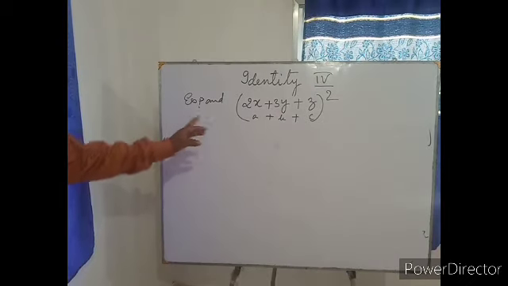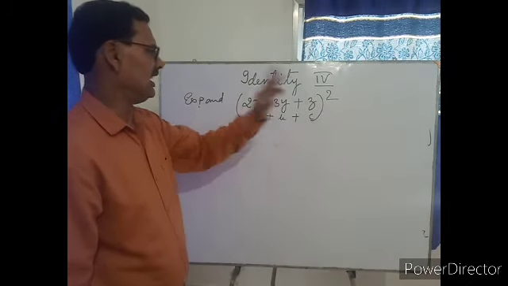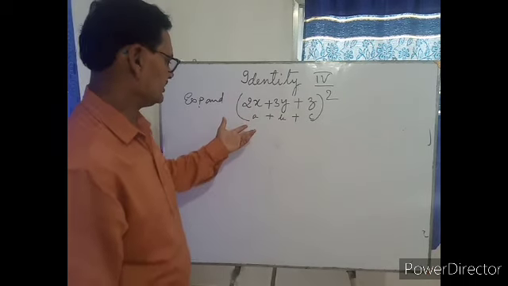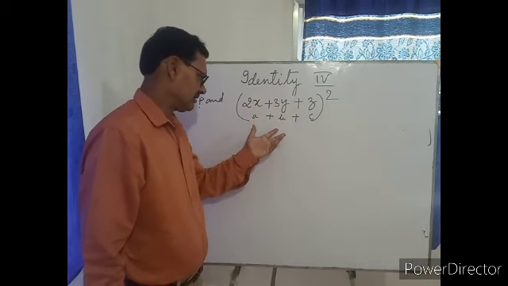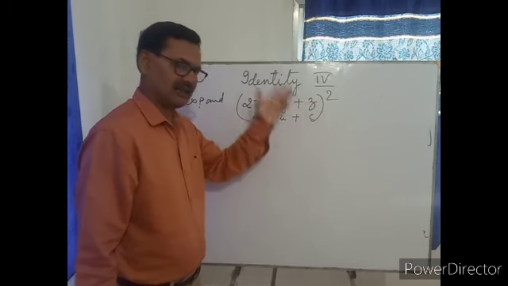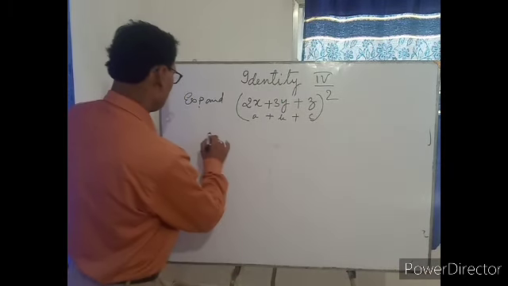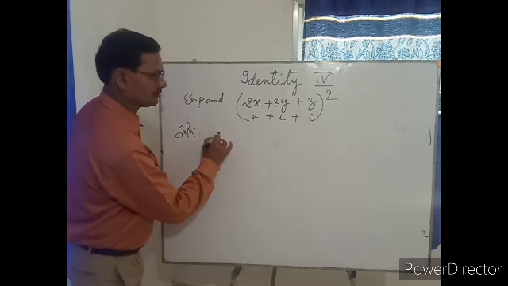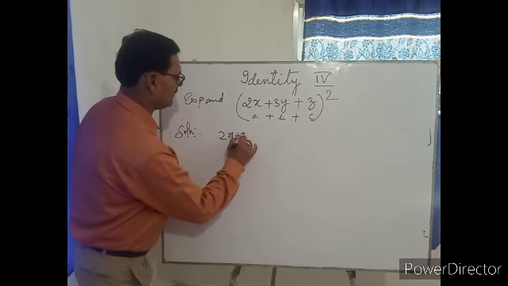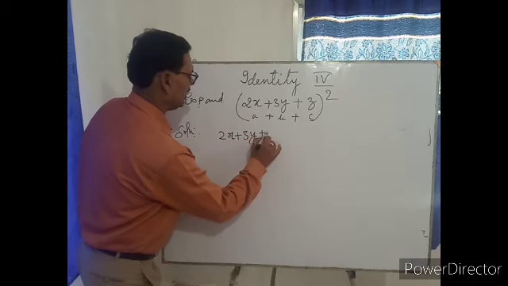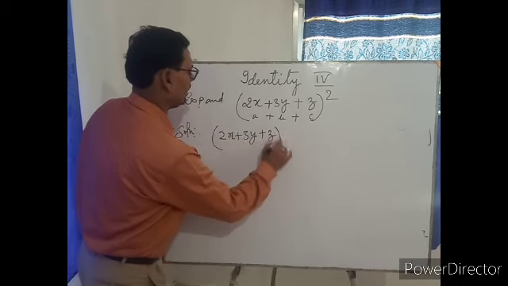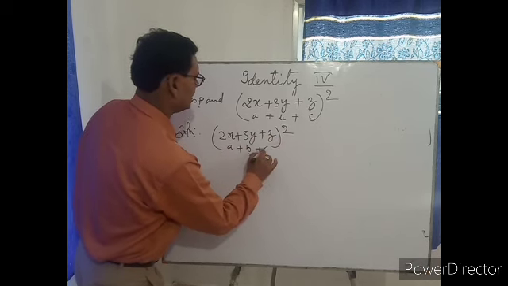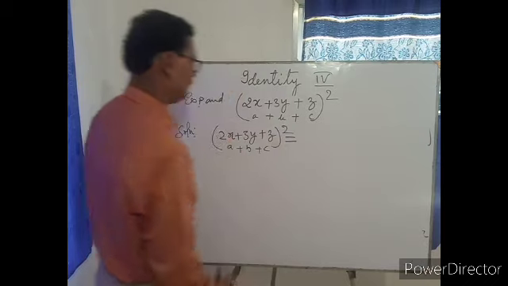Any problem? (2x plus 3y plus z) is equal to A plus B plus C. Here 2x is considered as A, 3y is considered as B and z is considered as C. So we have the solution like this: (2x plus 3y plus z) whole square is equal to, just we have considered A, B, C. What is the identity?